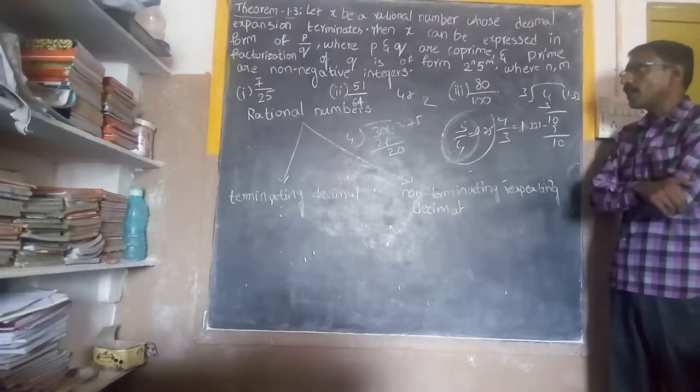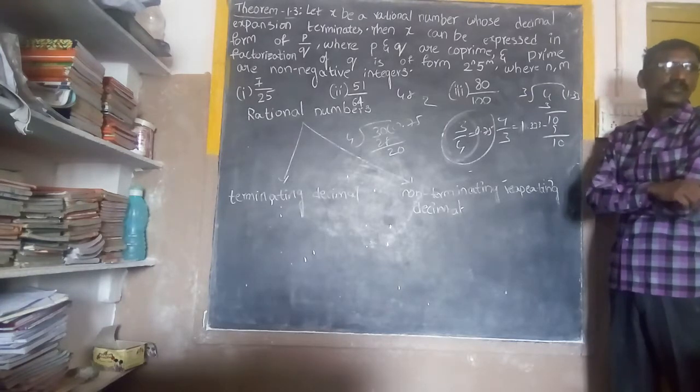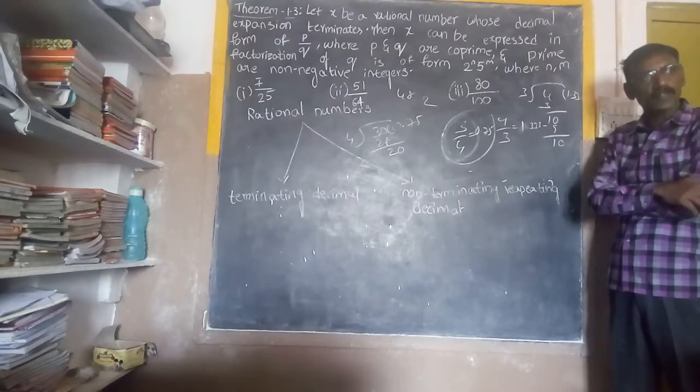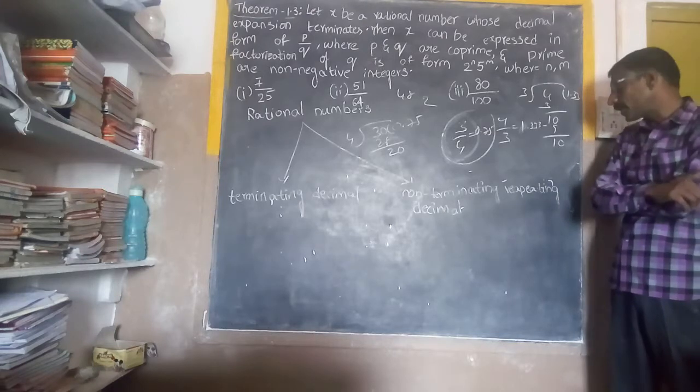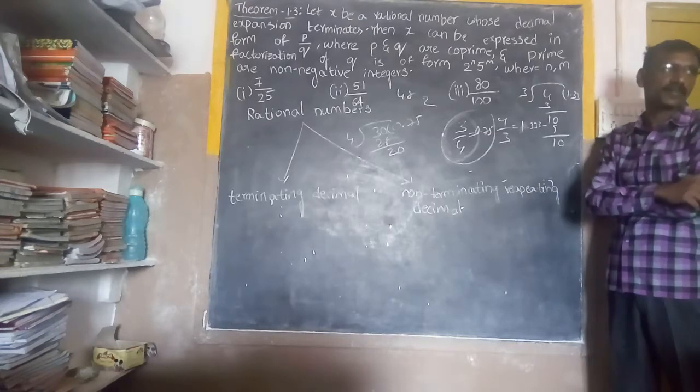Here when we see the fraction, we cannot say whether it is in the form of a terminating decimal or a non-terminating repeating decimal.